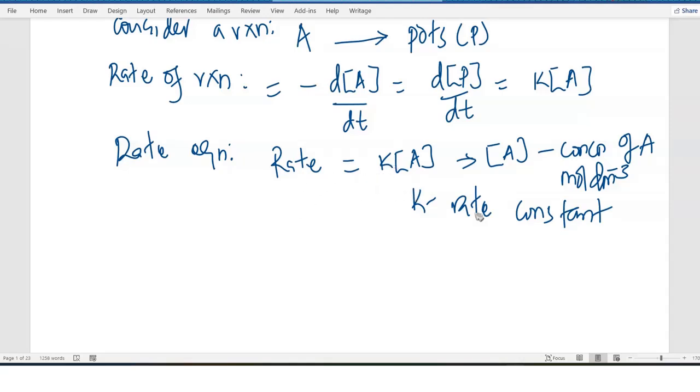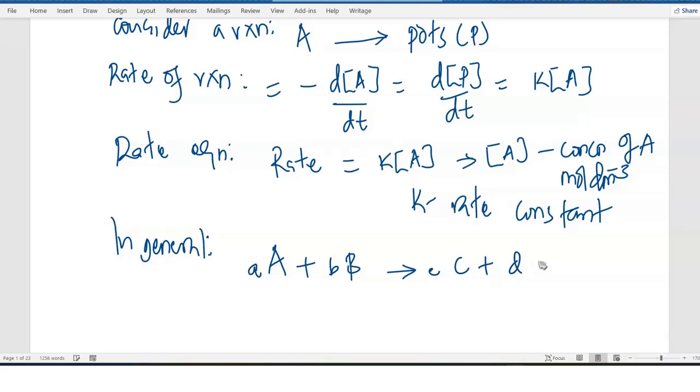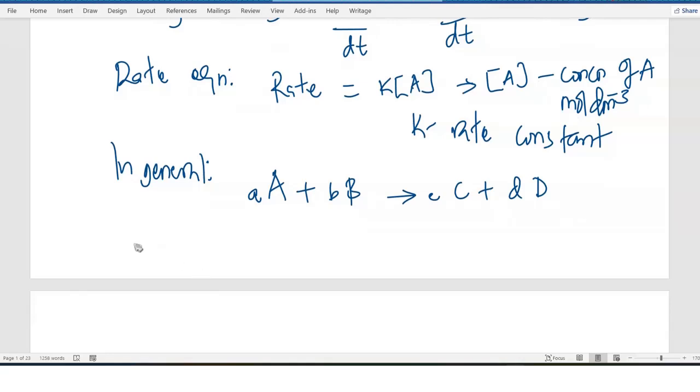And in general, if we have a reaction composed of a molecules of A, b molecules of B giving us c molecules of C plus d molecules of D, the rate of reaction is going to be negative 1 over a times the change in concentration of A divided by dt.